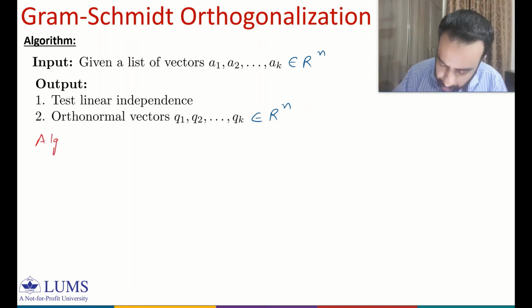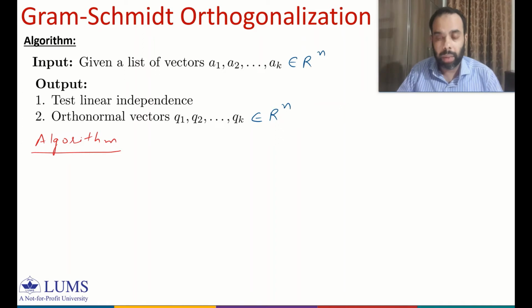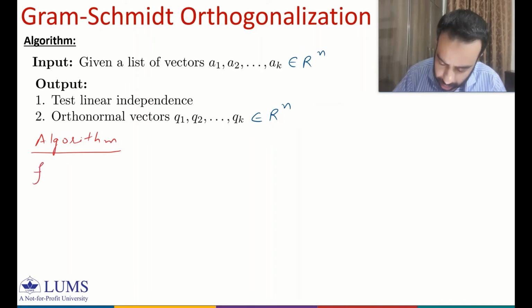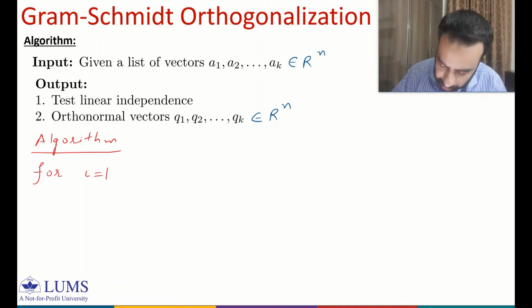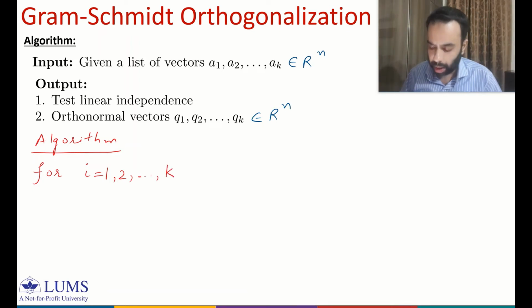Let me explain the steps of this algorithm. This is an iterative algorithm. It starts from i equal to 1, and it first computes q1, then it computes q2, and so on and so forth. So it has k iterations, for i equal to 1 to k, and it has two steps.